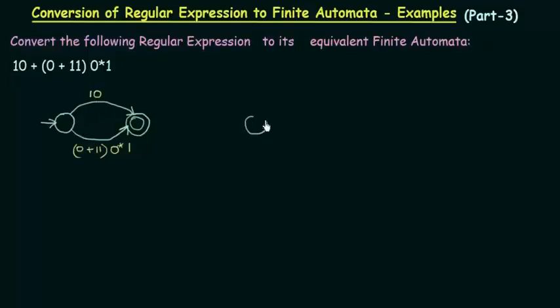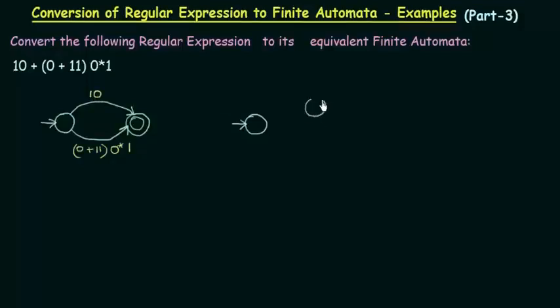I'll take this initial state that we created, and here we see that this is 1 0. There is no plus symbol in between them. It is 1 followed by 0. And I already taught you, when the symbols just follow each other, you have to make separate states for each symbol and make them proceed.